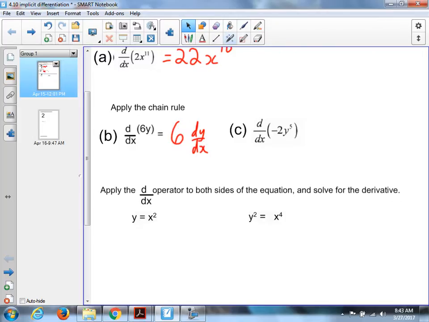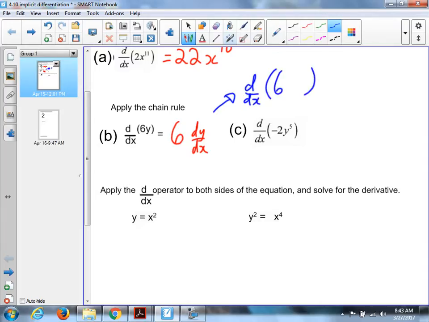Might be confusing, but what if the y was an x cubed expression? You see what I'm saying there? Wouldn't it be 6 times the derivative of the x cubed part, right?